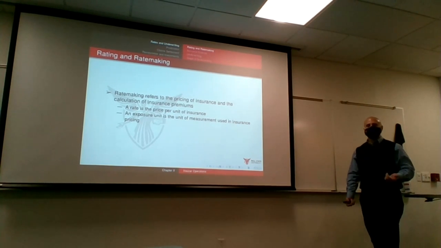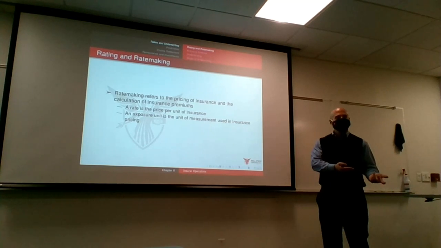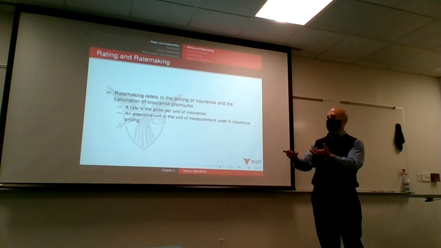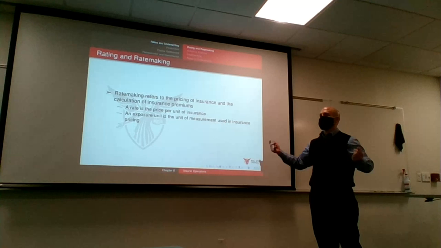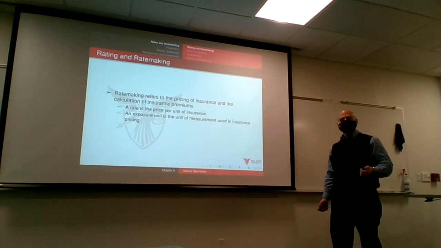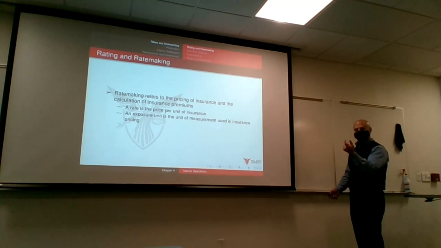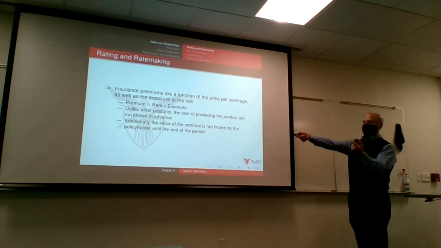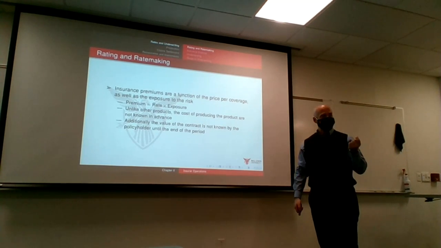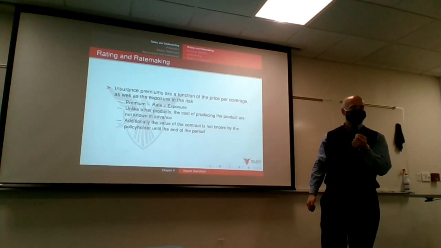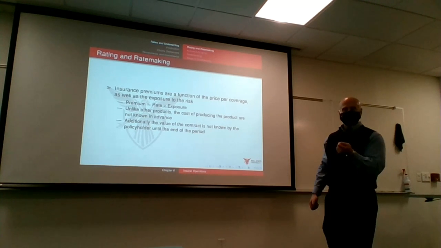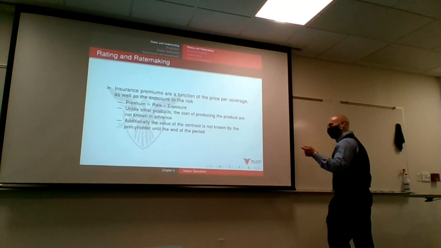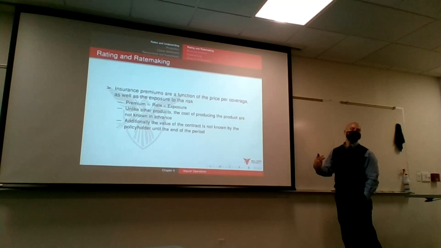So the rate exposure could be the vehicle that you drive, and then how long the policy lasts. So a vehicle and a year. Those two help create the premium. So your premium is the rate and the exposure. The risk tied in and how long you're exposed to that risk is another way of thinking about it.